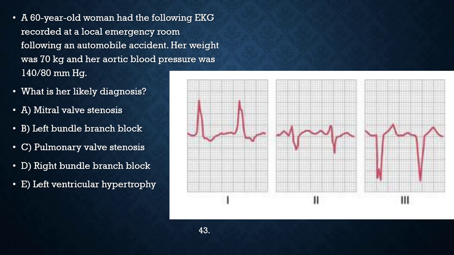Her weight was 70 kg and her aortic blood pressure was 140 by 80 millimeter of mercury. Looking at this graph, choose the correct option from these five.